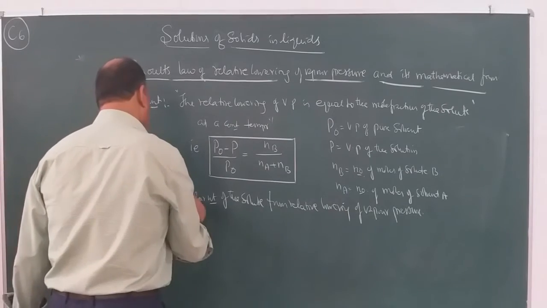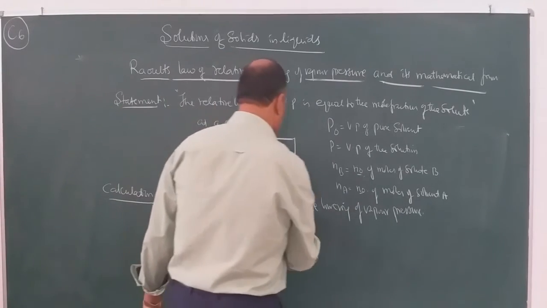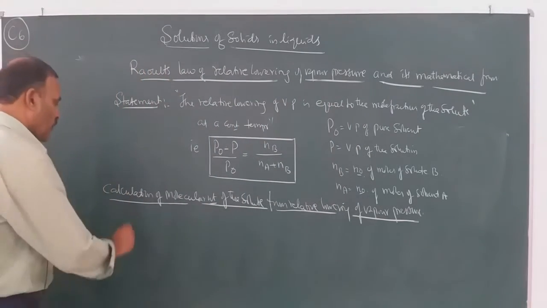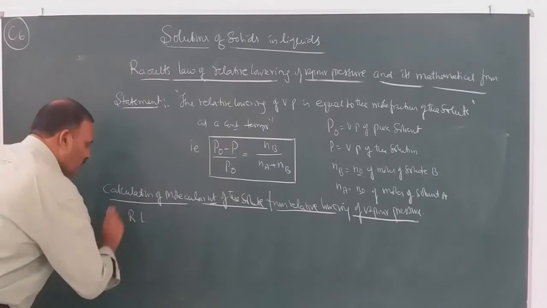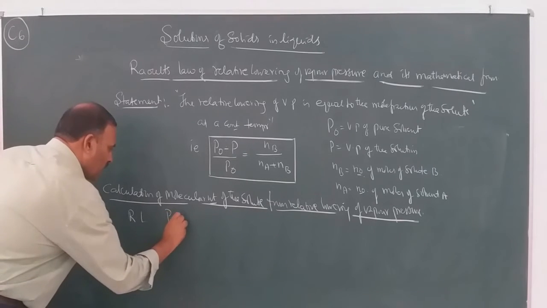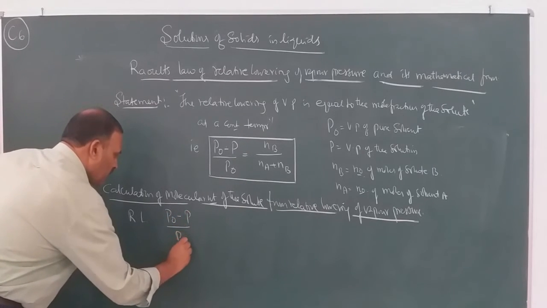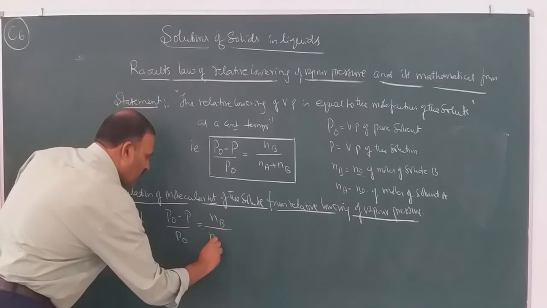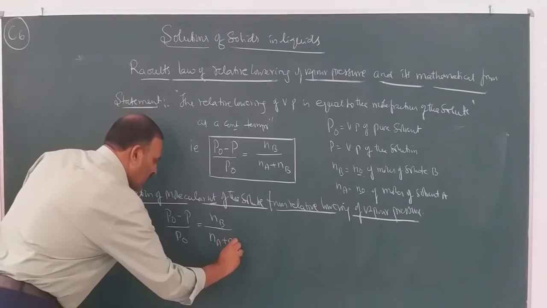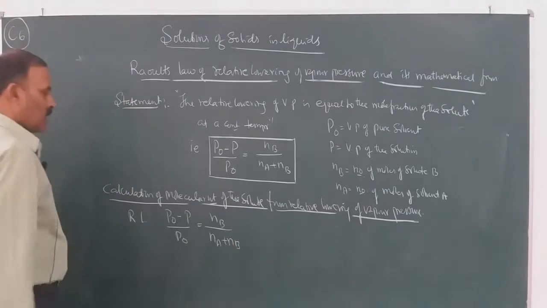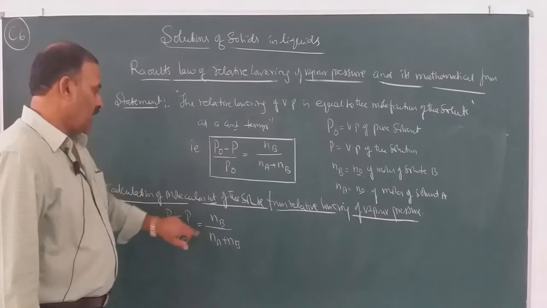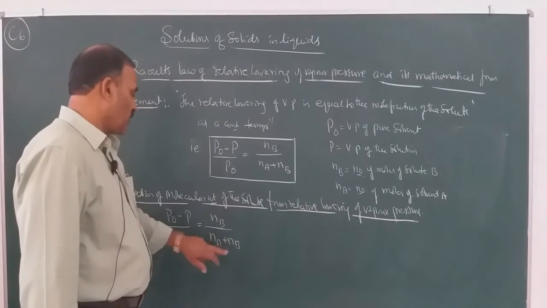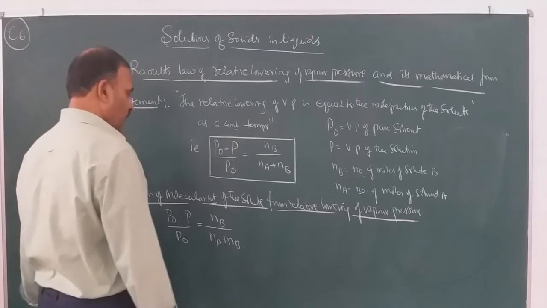Calculation of molecular weight of solute from relative lowering of vapor pressure. So from Raoult's law, we know P naught minus P by P naught equals Nb divided by Na plus Nb, where Na is the number of moles of solvent and Nb is the number of moles of solute.